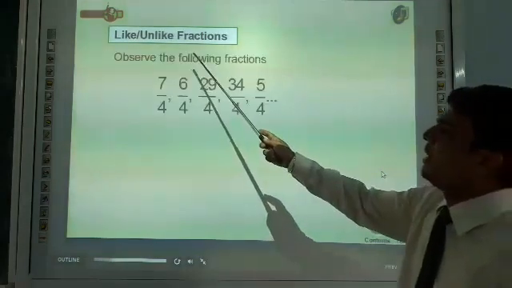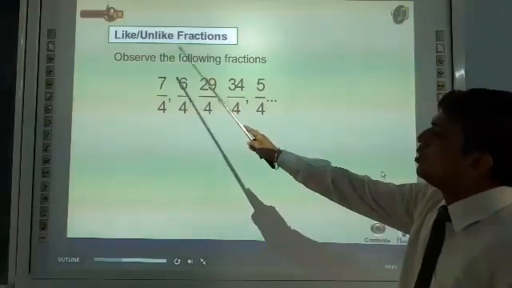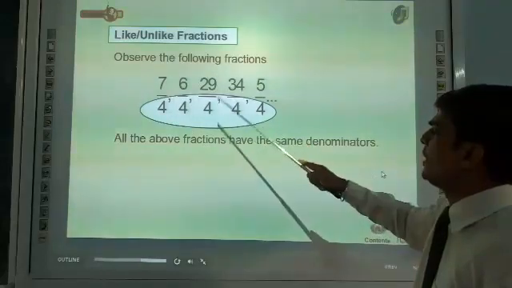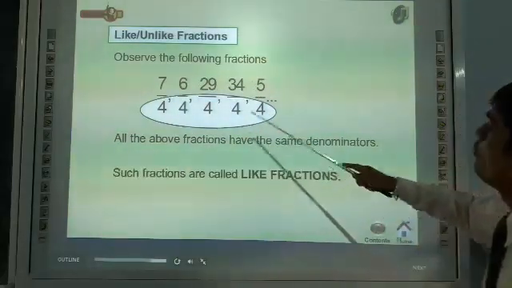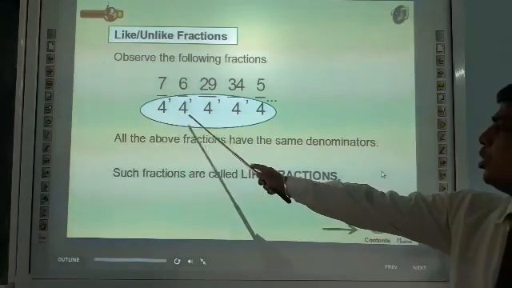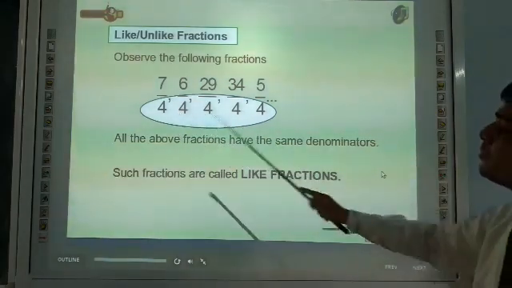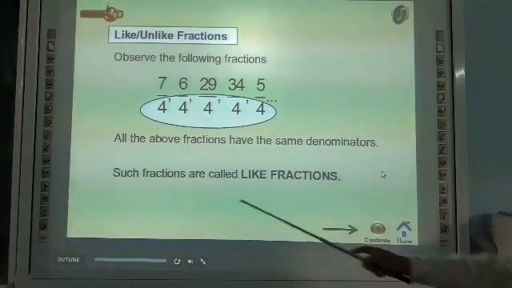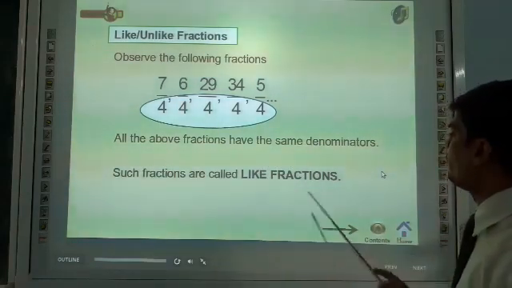Next, like and unlike fractions. Observe the following fractions: 7 upon 4, 6 upon 4, 29 upon 4, 34 upon 4, 5 upon 4. Look at this, the denominators are the same. All the above fractions have the same denominators. Such fractions are called like fractions.